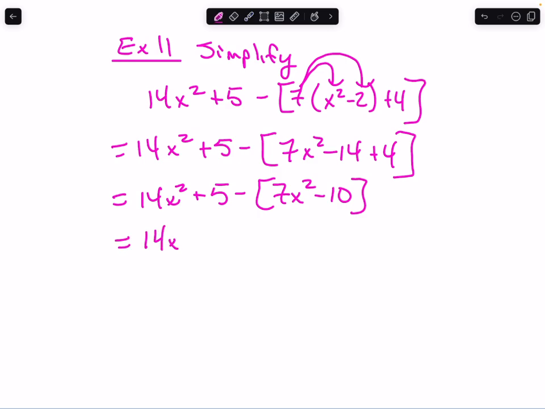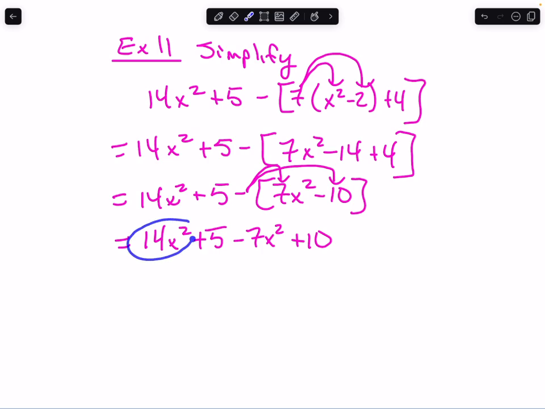So 14x squared plus 5, still following order of operations because we're doing multiplication now that we're done with the grouping symbols. So we'll have -1 times 7x squared, which is -7x squared, and -1 times the -10, which is +10. Okay, now that we've dealt with all of the multiplications and divisions, we can combine like terms.